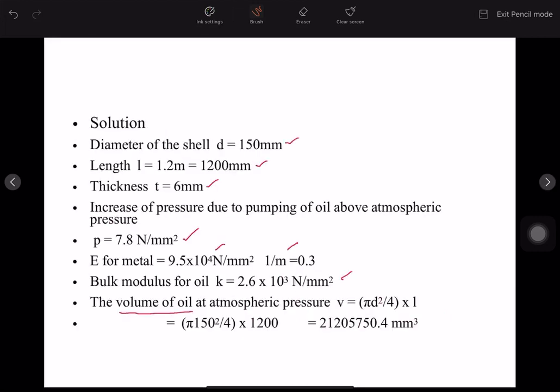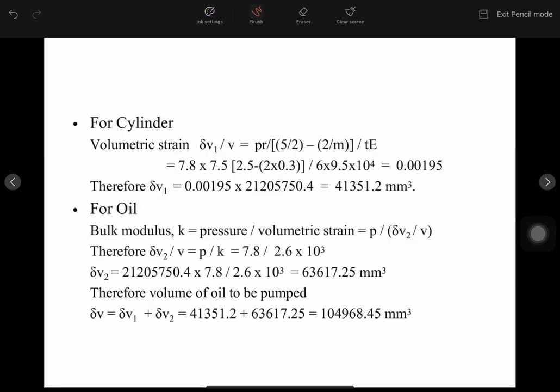So volume of oil, which is nothing but volume of cylinder at atmospheric pressure, V is equal to pi d square by 4 into L. If you substitute the d value and L value, we will get a certain volume. He has asked us to calculate the additional volume of oil to be pumped.